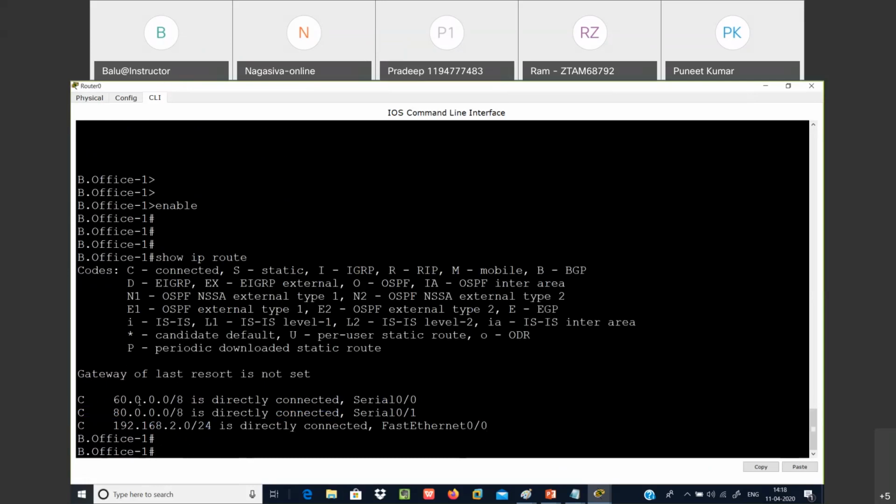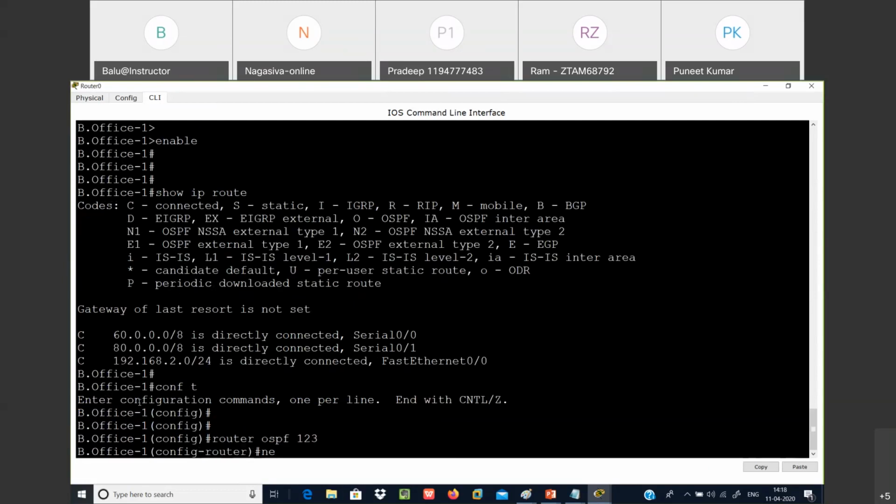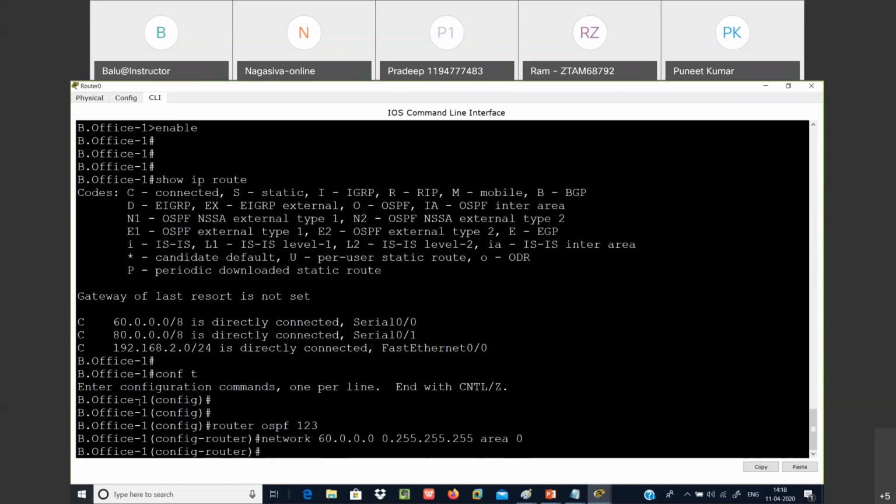Let me go to configuration mode. Type router ospf, you can use any number between 1 and 65535. My example is 123, which is the process ID. Enter network, space, network ID, from the routing table one by one, line by line. The first network is 10.0.0.0 and the wildcard mask of this class A network is 0.255.255.255, default area ID 0.